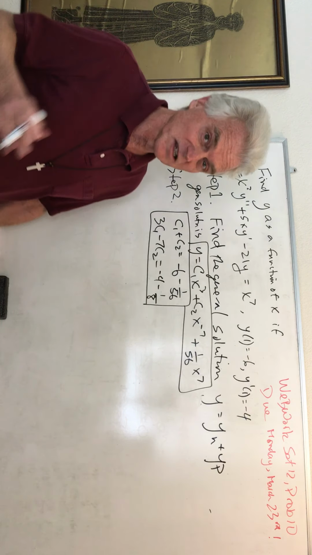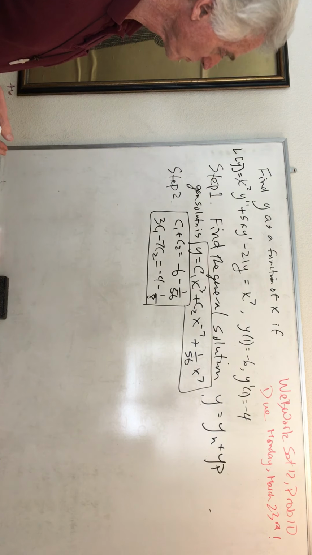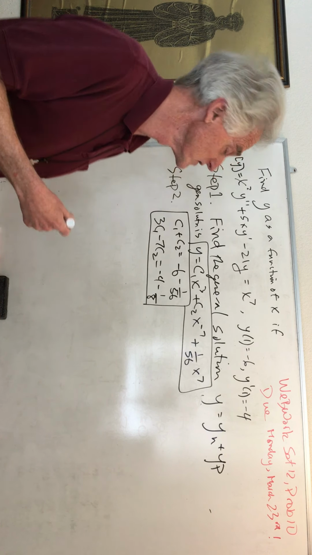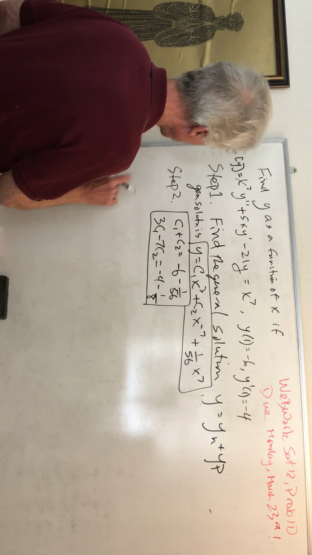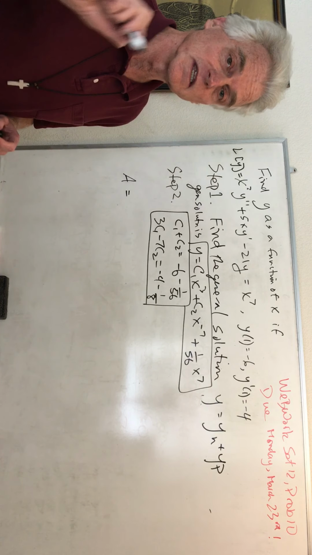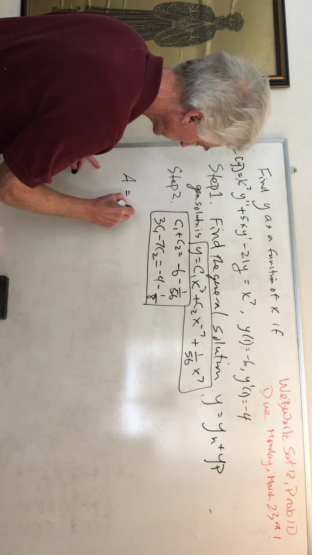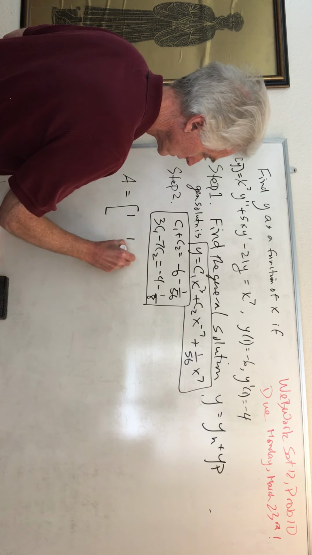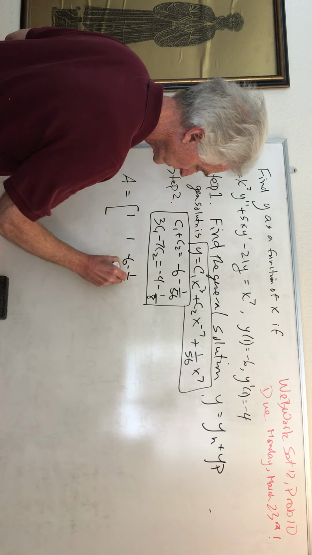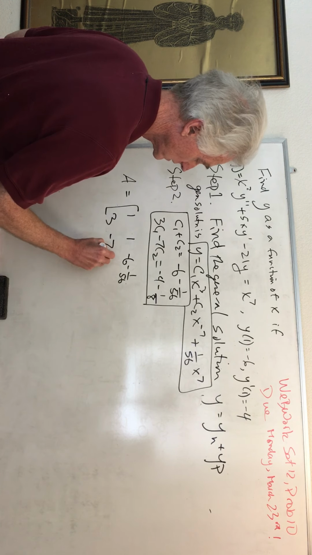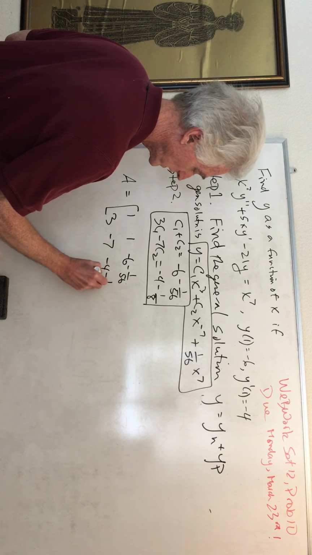Now, in some easy problems, we expect you to do this by hand, but it's really gross. So actually, I did this on my calculator. I just defined A on my calculator to be the augmented matrix for this system, which is 1, 1, negative 6 minus 1 over 56, and 3, negative 7, negative 4 minus 1/8.